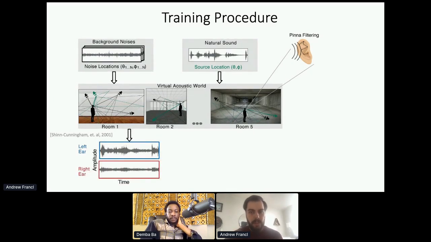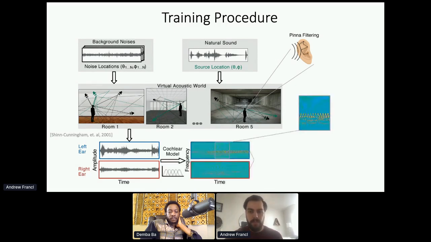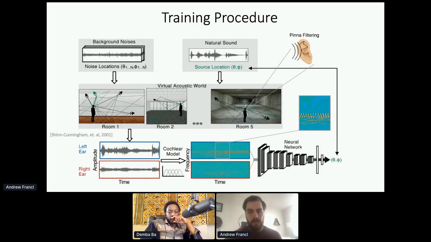The simulator then produces the audio for the left and right ear that a listener would hear in that configuration with those specific sounds. This audio is then fed through a simple cochlear model, and the output is fed directly to a neural network. The neural network has one job, and that's to predict the sound source location of that natural sound in the given auditory scene. We train the model, and it learns to localize natural sounds from its validation set.